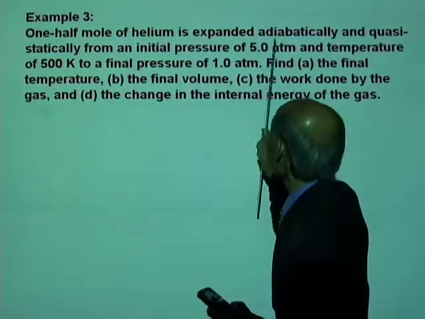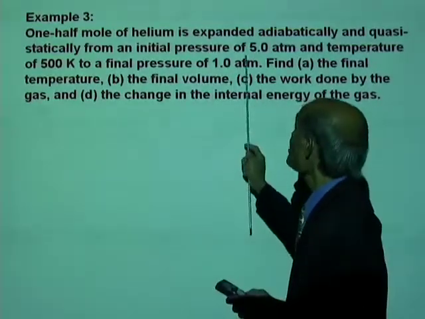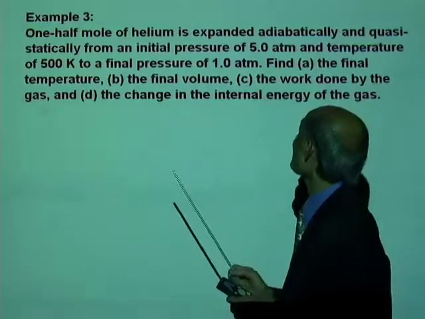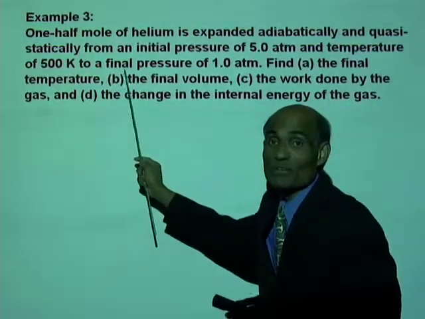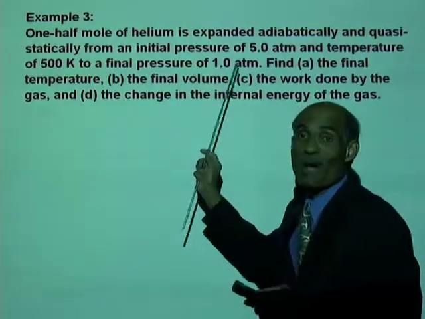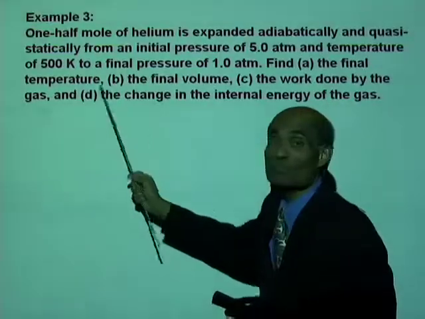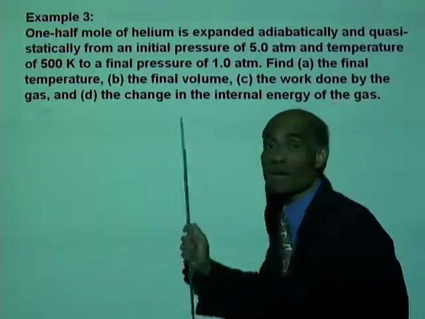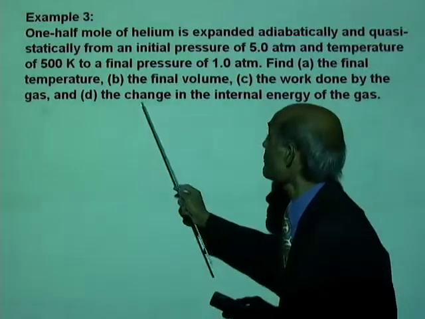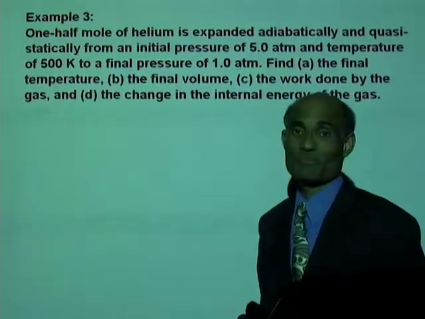It is expanded from an initial pressure of 5 atmosphere and temperature of 500 Kelvin to a final pressure of 1 atmosphere. Find the final temperature, the final volume, the work done by the gas, and the change in the internal energy of the gas.